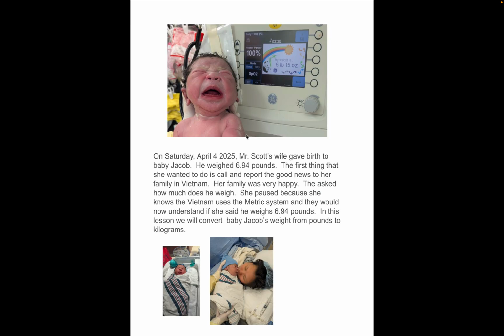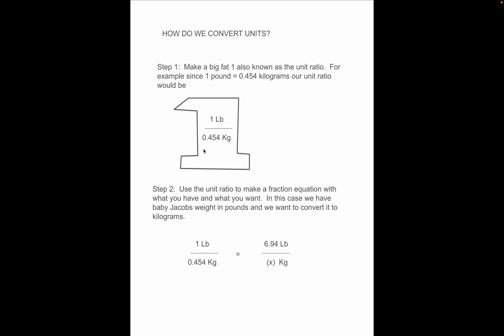Now, once again, let's review these steps. First, we made our big fat one, our unit ratio. Then we made an equivalent fraction equation using what we have and what we want. Since there were pounds in the numerator, we were consistent: pounds up and kilograms down.